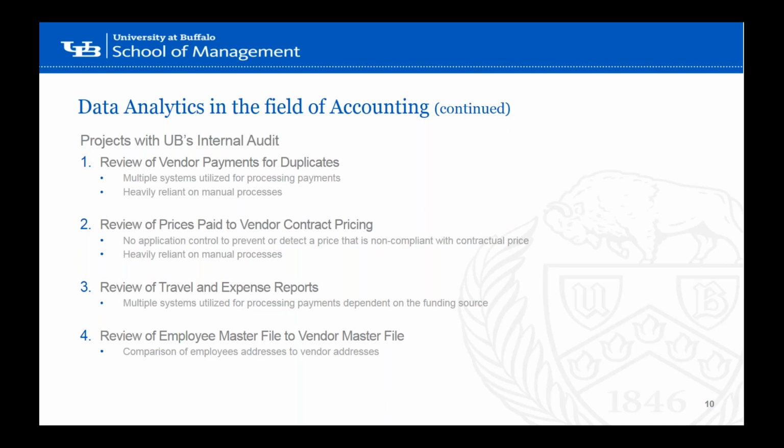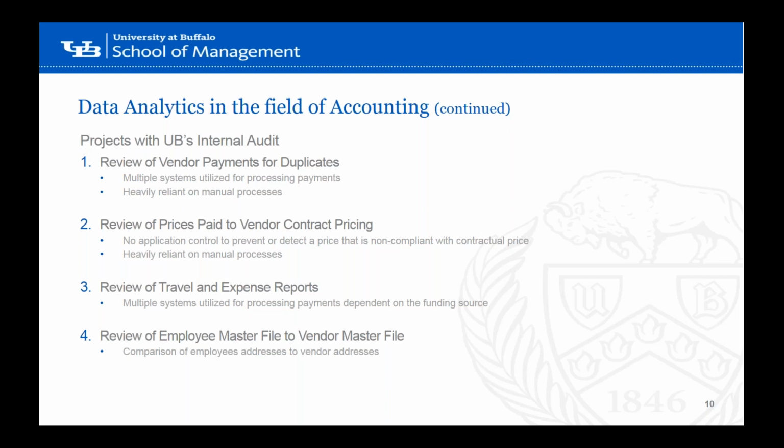But a limitation, and this is why we're focusing on it, is that there are no specific application controls to prevent or even detect if we're being charged a price that is non-compliant with a contractual price. So we have an agreed upon contractual price of $5 per unit. If a vendor invoice comes in at a rate of $5.10, will it get stopped?